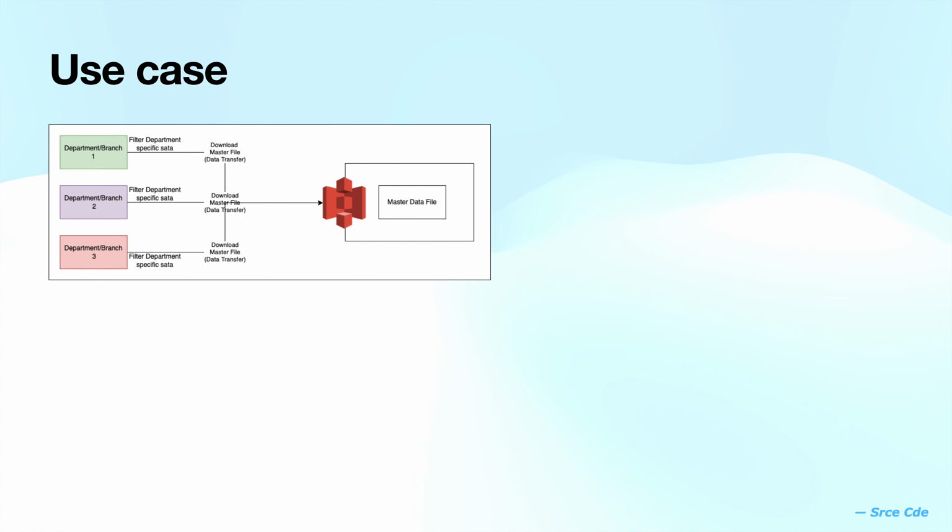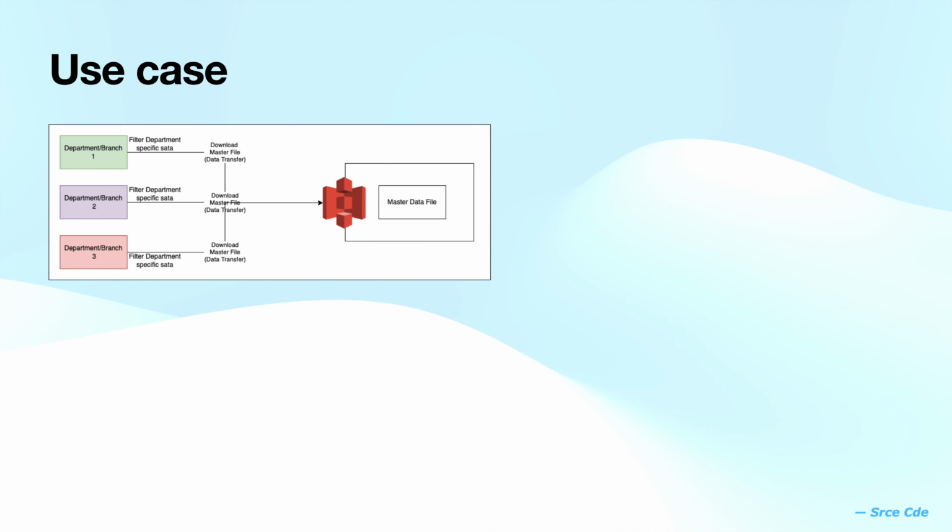Now, if each department wants to work on the data specific to their department from the master file, then in the usual scenario, each department will download the whole master file, and then filter the data with respect to their department.